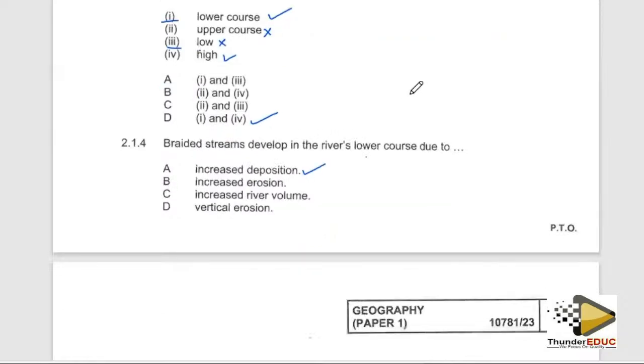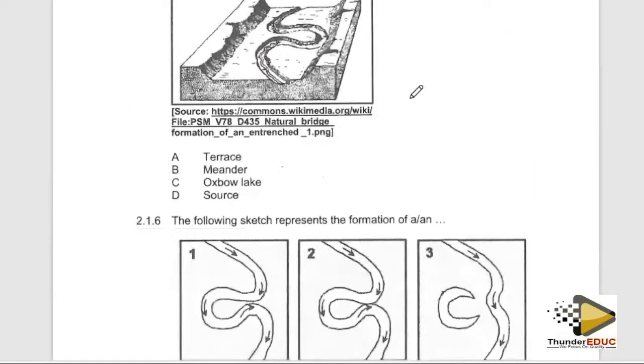Then we will proceed to 2.1.5, which says identify the following fluvial feature. Terracing: we don't see things of this nature. Terraces are step-like features. Instead, we're just seeing a horizontal landscape and a steep area.